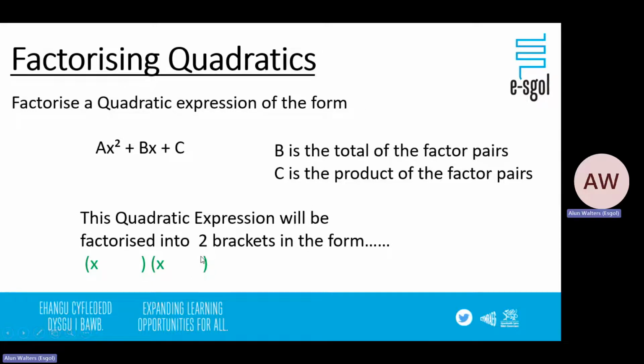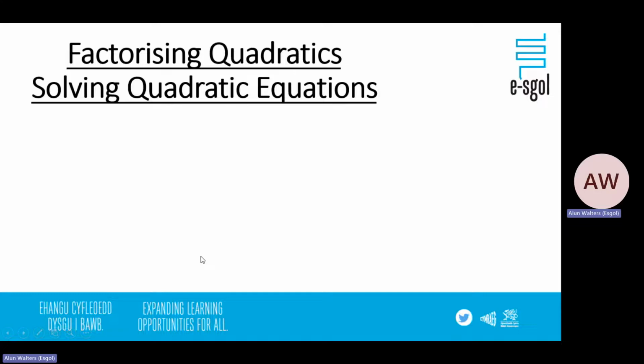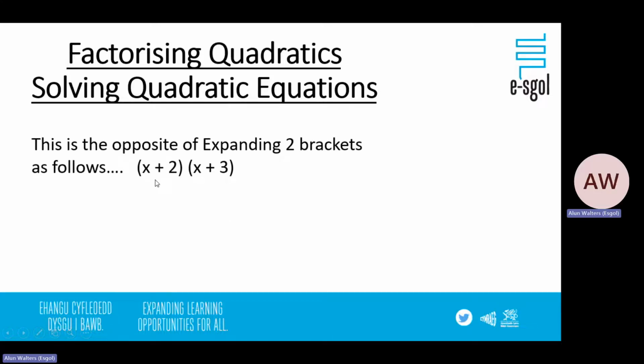Okay. A quick recap. What we're doing is the opposite of expanding 2 brackets. Now, an easier part of the exam is to just expand these 2 brackets where you multiply them out. We're going to be doing the opposite of that.